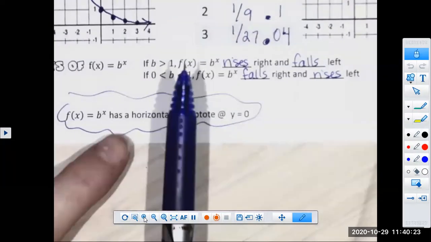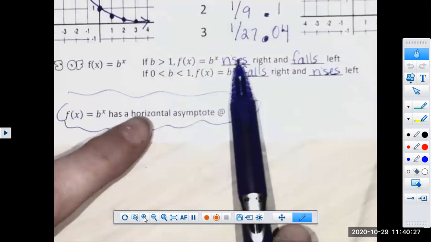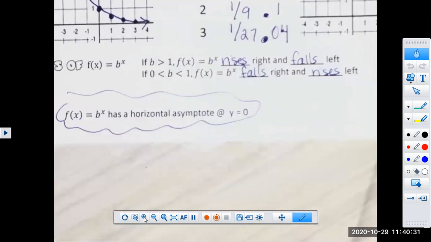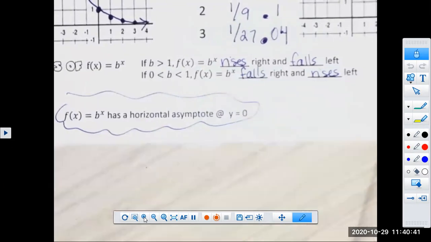Okay, if b is greater than 1, we've already talked about that. Your graph should rise right and fall left. If b is less than 1 but greater than 0, which means, of course, it's a decimal or a fraction, your graph should fall to the right and rise left.